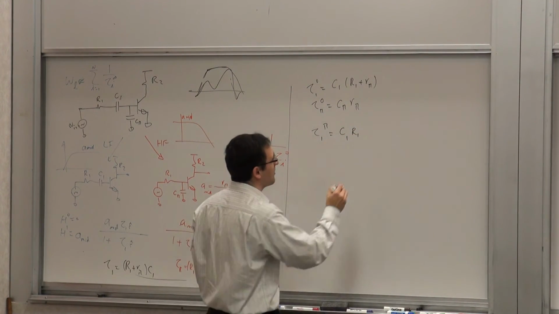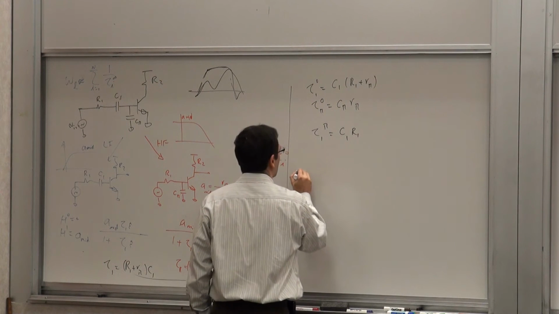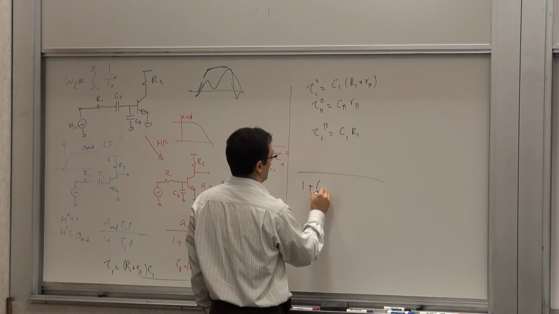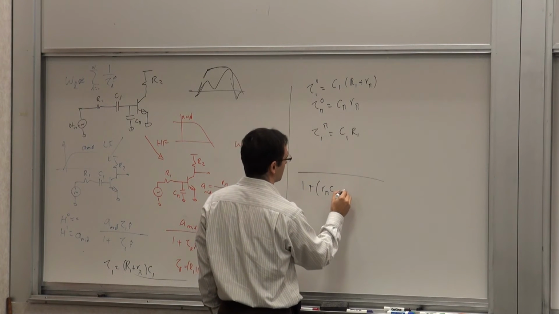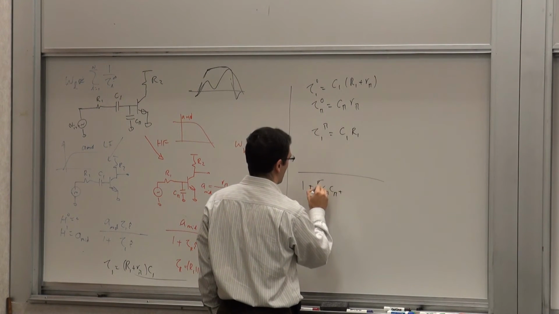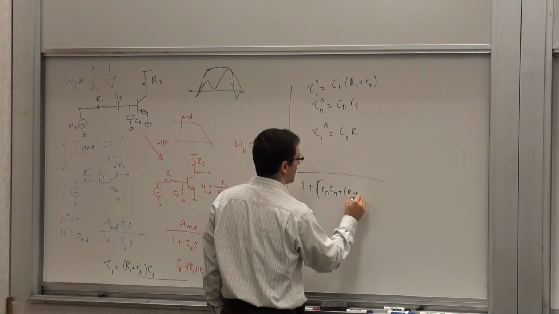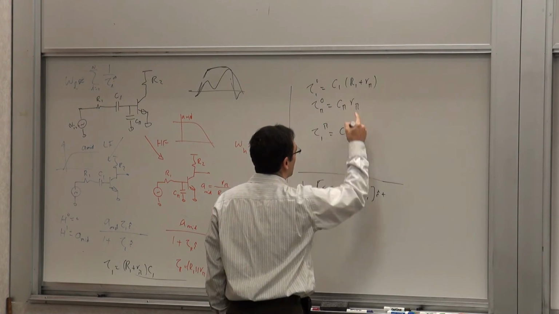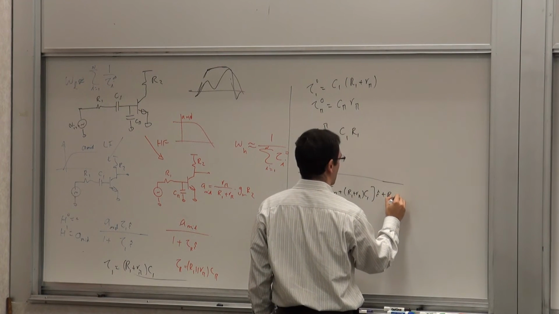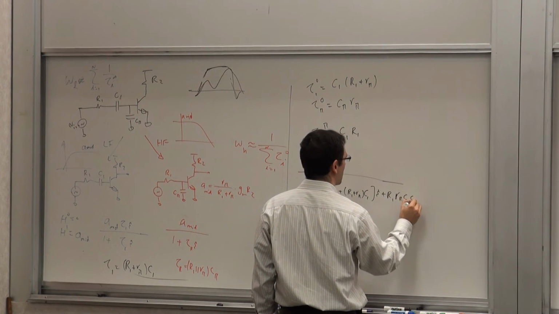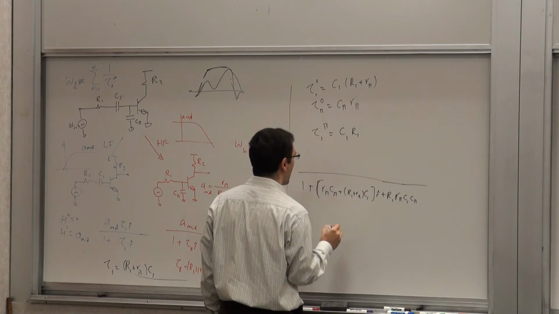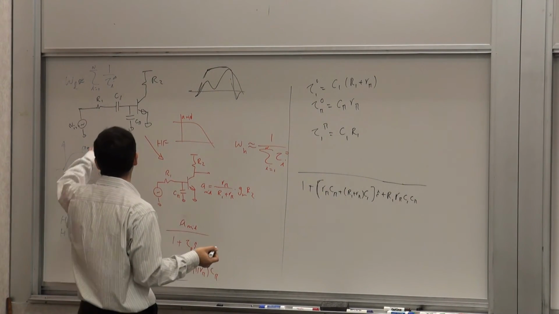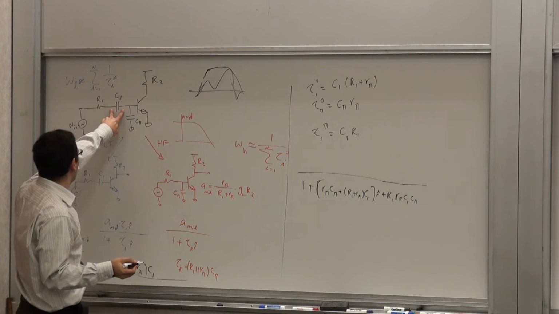Okay? So I know my denominator. My denominator is 1 plus R pi C pi plus R1 plus R pi C1 S plus the product of these two, R1 R pi C1 C pi. Okay? And then in the numerator I have something I can calculate. I think it's the same zero.